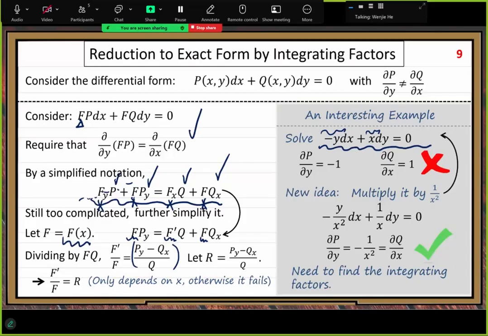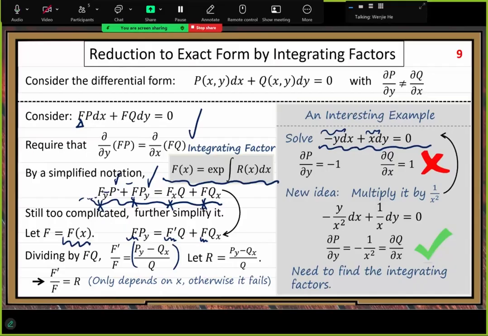So if we're lucky, that means the capital R function does not contain any y terms, then we can find the so-called integrating factor f function by an exponential function. The exponent is the integral of that r function.